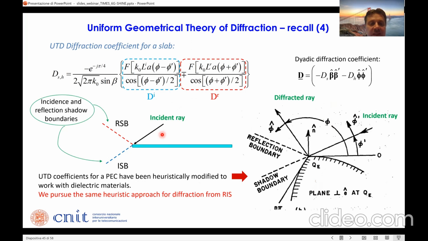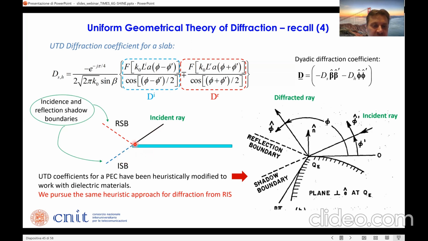Another important thing is the concept of shadow boundary. Basically, diffraction needs to ensure that there is a smooth transition between the illumination region and the shadow region.